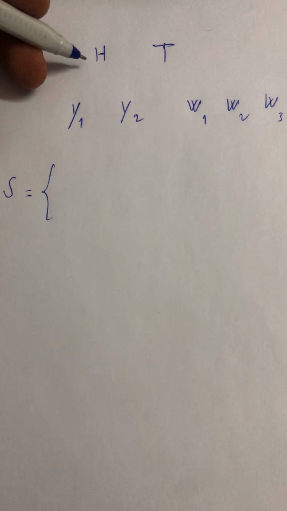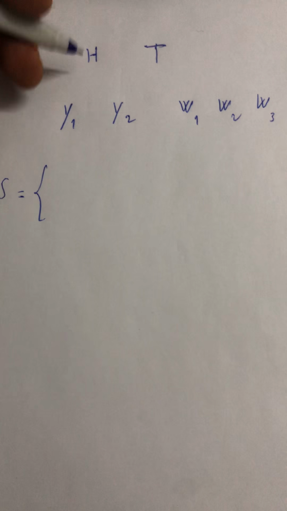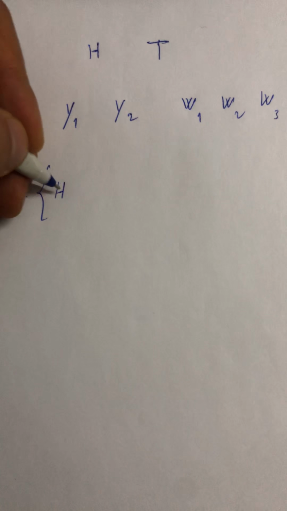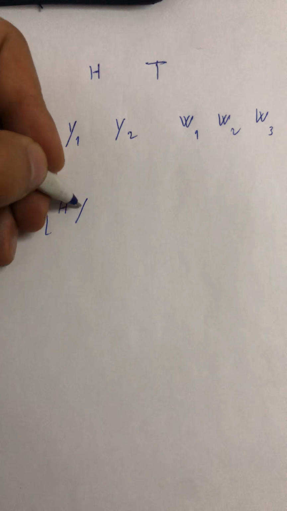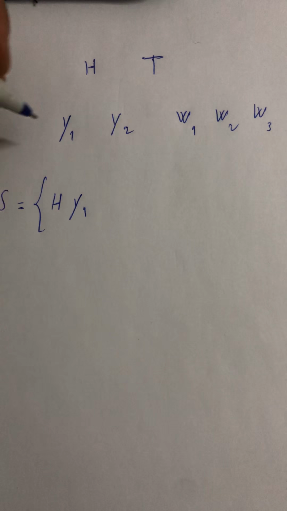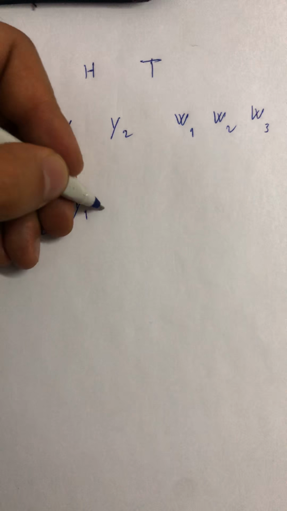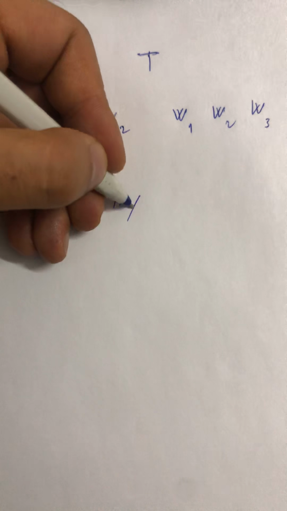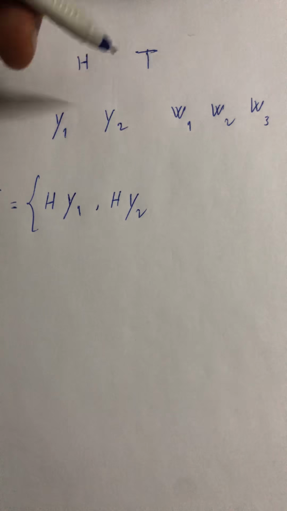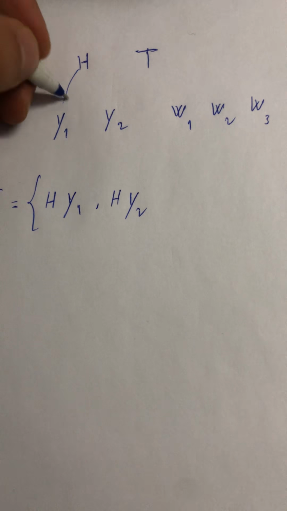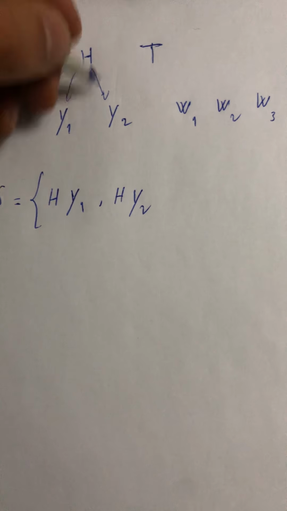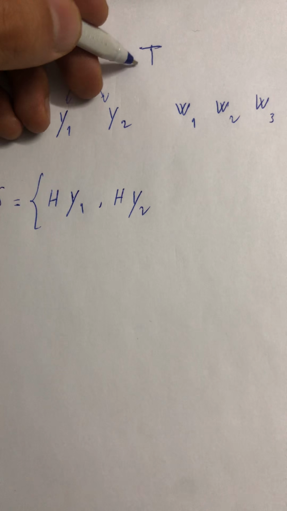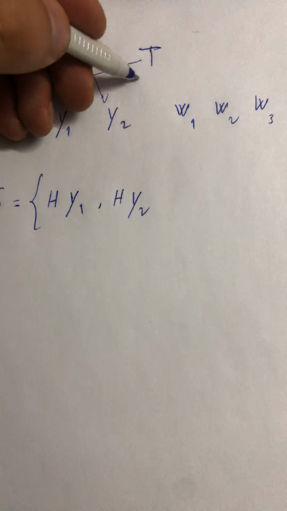So maybe it begins by heads, Y, yellow 1. This is the first. Next, maybe heads and Y2. Like expand. So move to this, then move to this. If you finished, you move for tails, it will be here with this and with this.